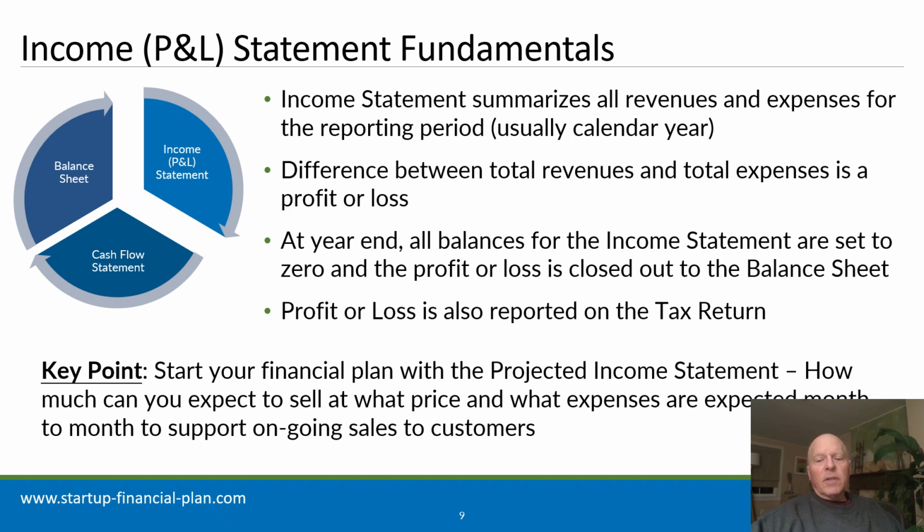And simply, the difference between the total revenues and the total expenses for the reporting period is a profit or a loss. If you have more revenues than expenses, you got a profit. If you got more expenses for the calendar year than revenues, you got a loss. Profit and loss. And that's all going to get reported and summarized on your business tax return.